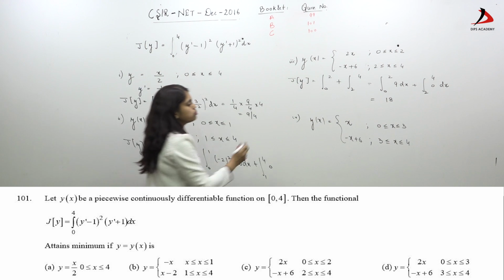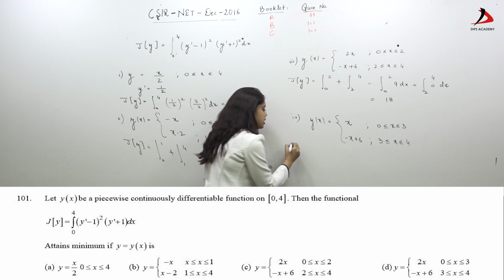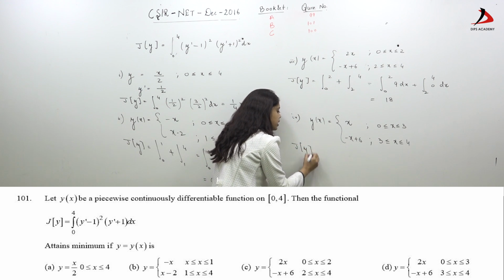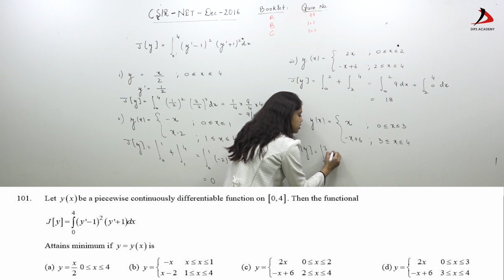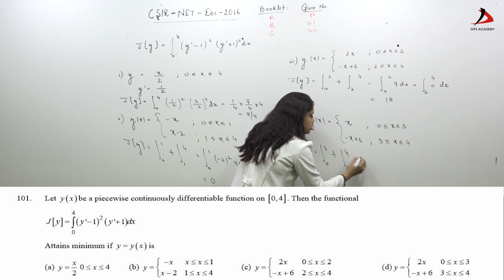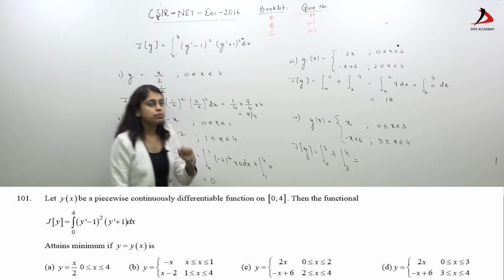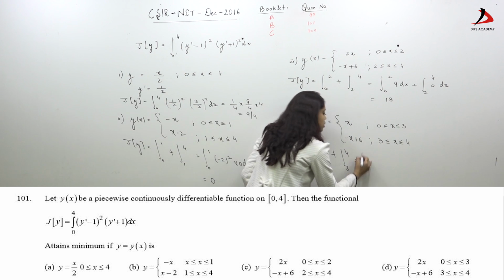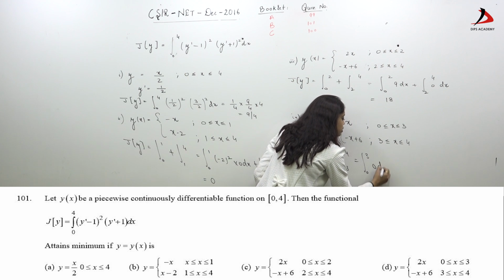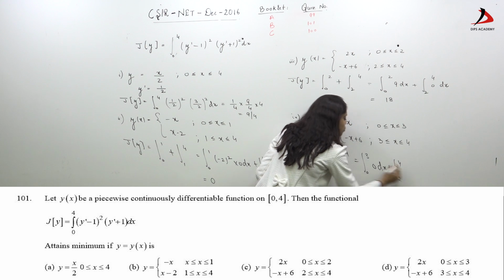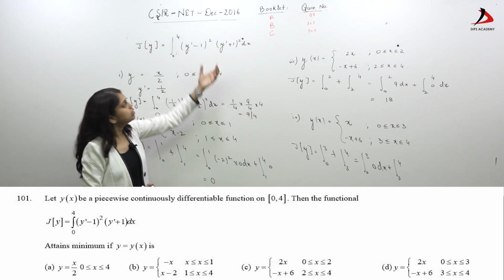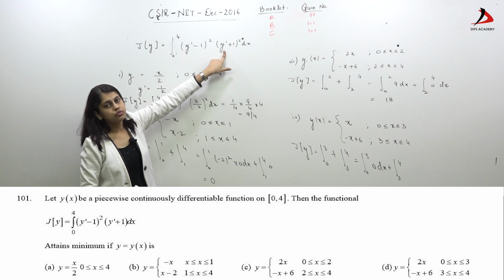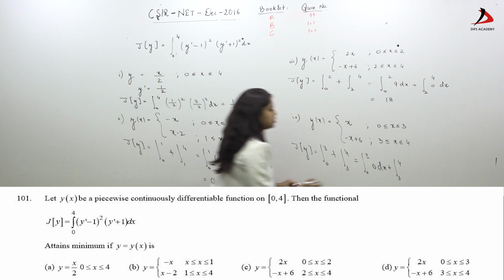Now in the fourth option, I should divide my J of y from 0 to 3 plus 3 to 4. From 0 to 3 y dash will be 1, and when you put 1, it will give you value 0. So 0 to 3 it will be 0 dx, plus 3 to 4, y dash is minus 1, and putting minus 1 over there will give 0 again.